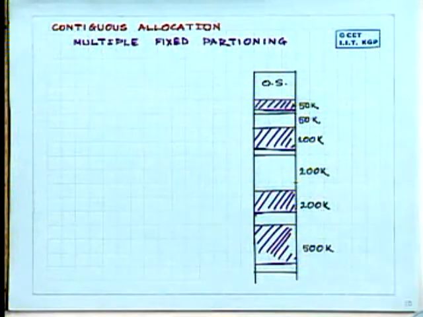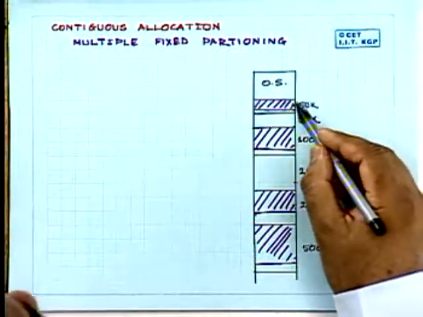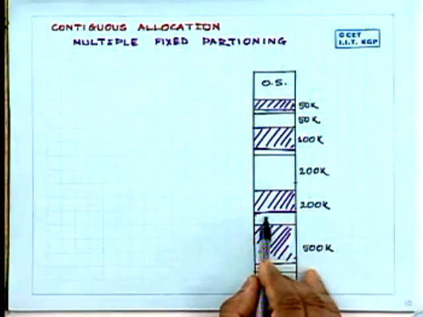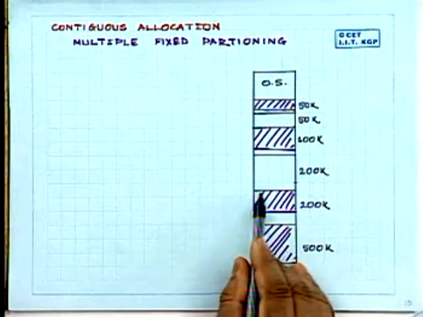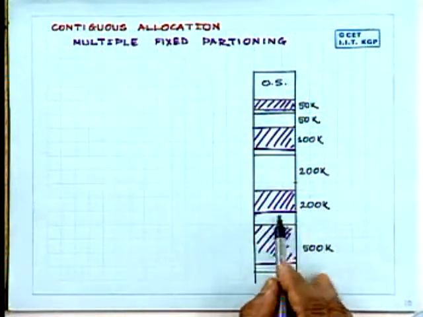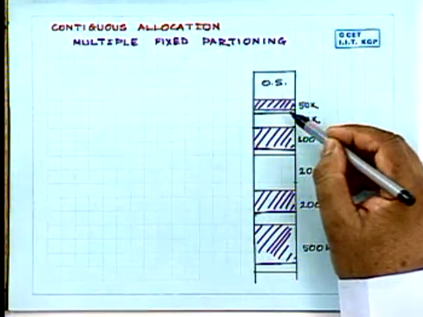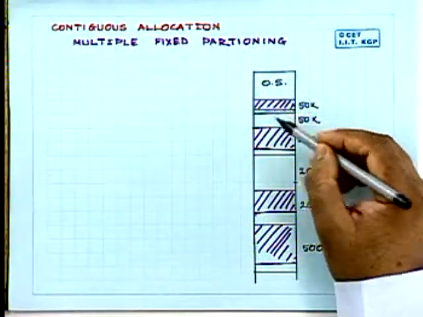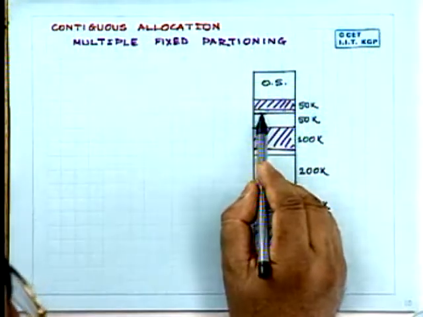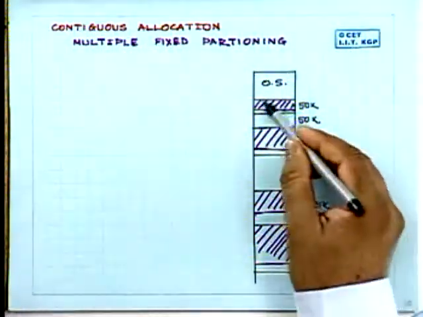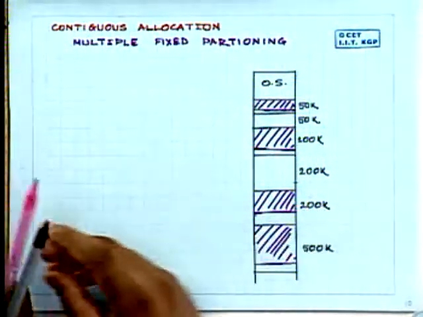Now you see, as we have loaded the programs, one important thing to note is that naturally no program or process will exactly fit a partition, and therefore there will be some holes. The entire memory will in that case have some fragmentation.